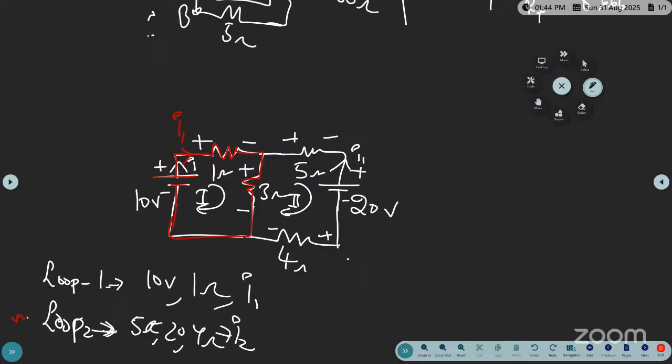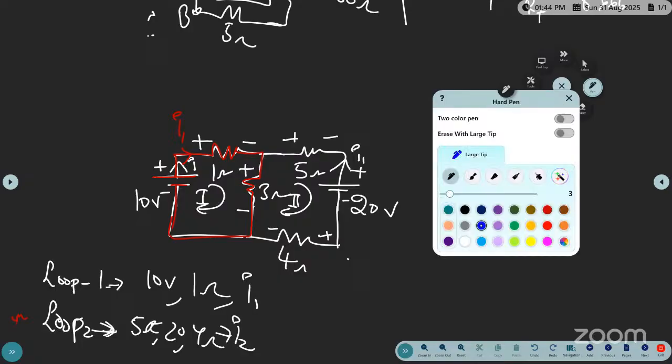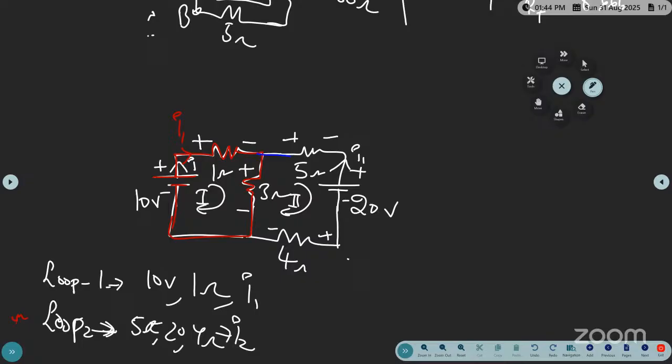I1 current is flowing. Second loop: individual elements are 5 ohm, 20 voltage source and 4 ohm, and I2 current will flow in them.